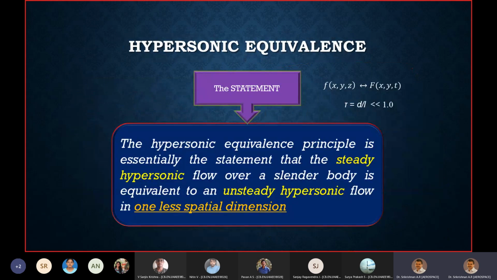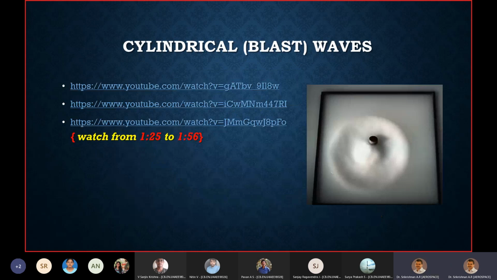Before I go to the statement, I will just try to show a couple of very short videos because in the further discussions, we will have these wordings of blast waves, propagating waves, radial waves, and similar terminology, because that transient problem is going to be similar to that of blast waves.